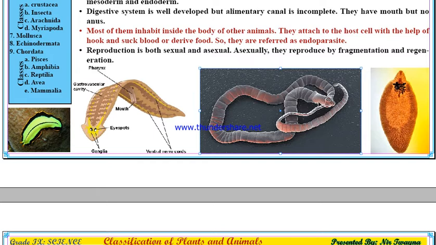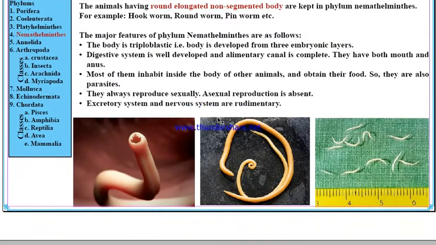That means the head is independent of the tail, or the tail is independent of any other part of the body. That's why even if you cut it in half, it will not die, because these cells or tissues are independent. They will survive on their own. That is the advantage of having a simple level of organization.